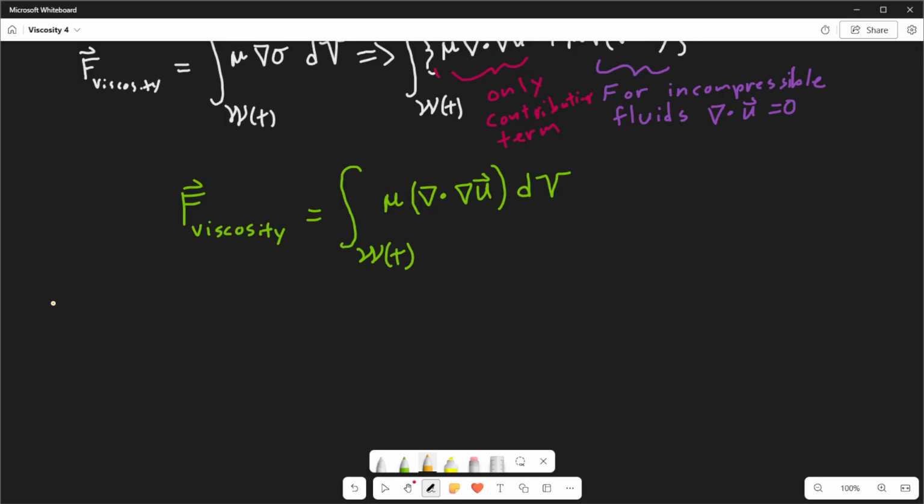So this is the Euler equation once again.